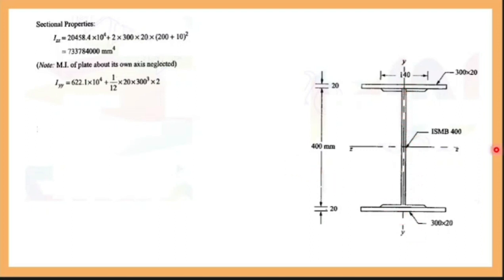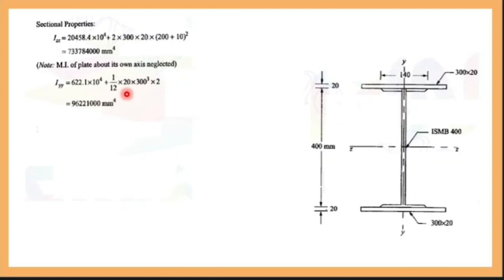Whereas if you cut in the x-axis, the centroid of the plate will be at a different distance. It will be at one distance and the Ix for the I section will be different, so we multiply by that. If it comes under the same axis, you just add the answer. So 96 into 10 power 6 mm power 4.